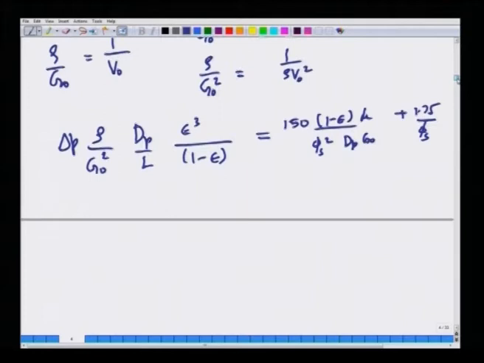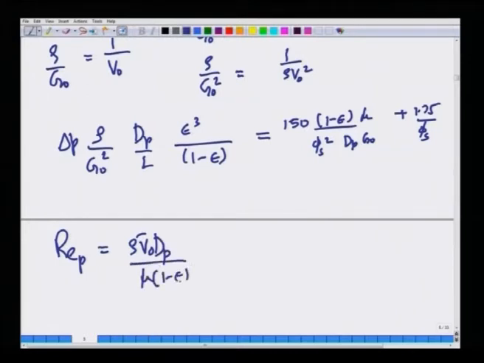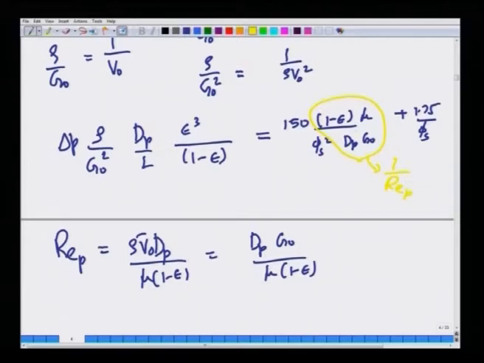Okay. Now, if you define the Reynolds number based on the particle as rho V naught dp divided by mu (1 minus epsilon), this becomes dp G naught by mu (1 minus epsilon). So, this is essentially 1 over REP. Okay.